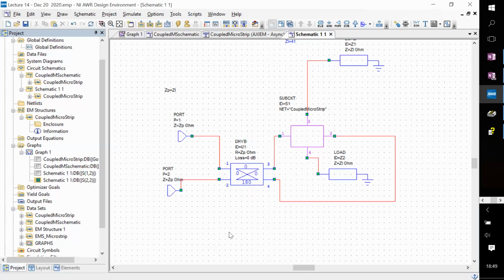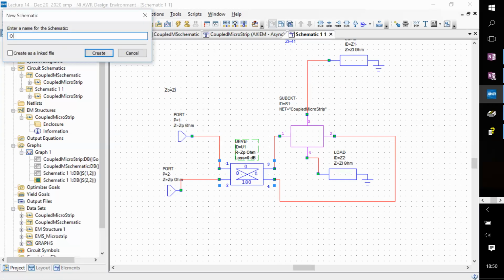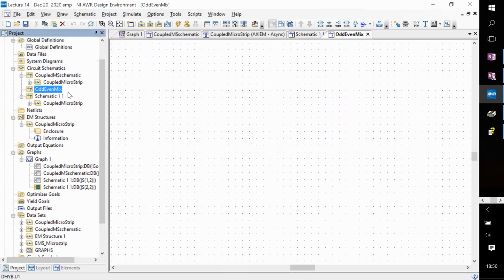I'll now give you an example of how mode conversion can actually happen. I had sort of hinted at it in an example just a little while ago, but I'll now explicitly show you what this even odd mode mixing actually means. Okay, so let me make a new schematic. I'm going to use this hybrid.